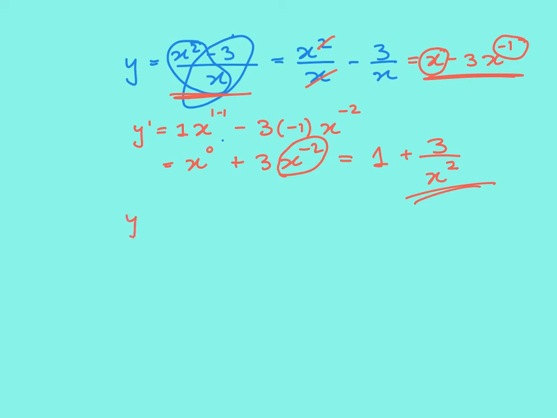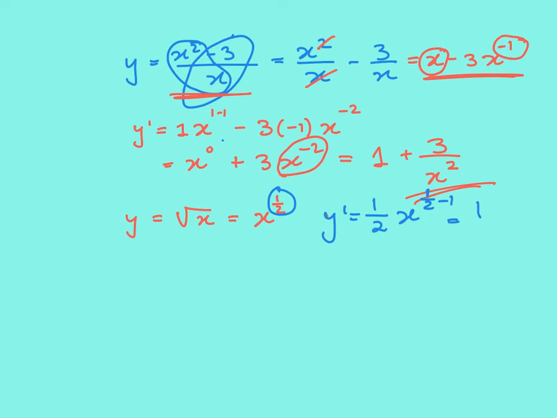Now what about if you see a question like this? y is equal to the square root of x. You think, okay, I do know there's a power rule, so what can I do with this? What we can do is rewrite the square root of x in index form, power form. Now it's easy, isn't it? y' is equal to, write the power in front, it's half, times x to the power half take away 1.